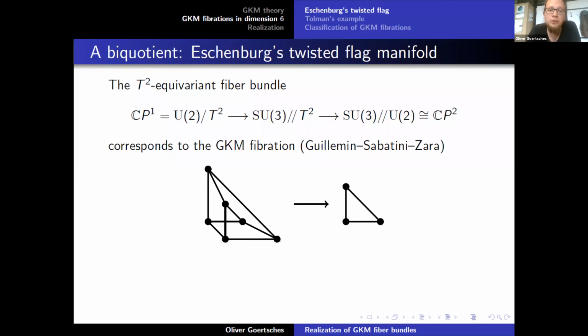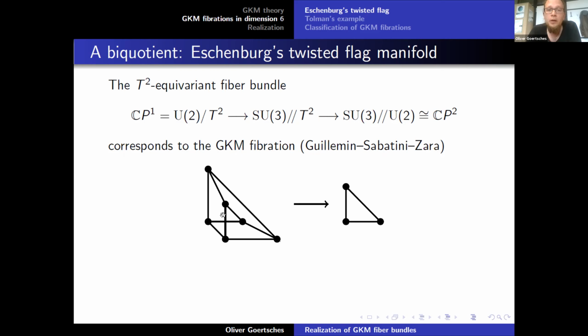You just take the maximal torus in SU3 acting from the left by standard multiplication of diagonal matrices. Then one can check that this action is GKM, and one can compute the weights in all the isotropy representations and determine its GKM graph, and what one gets is this picture here on the left.